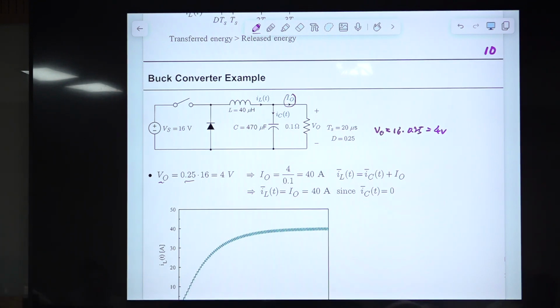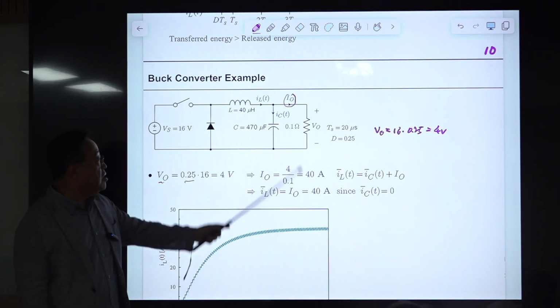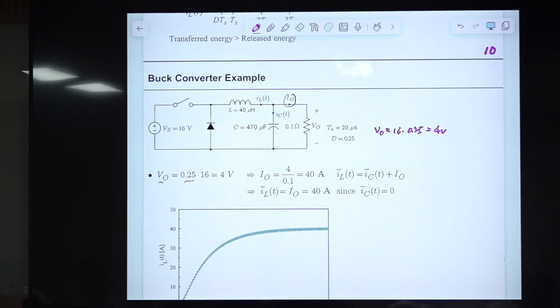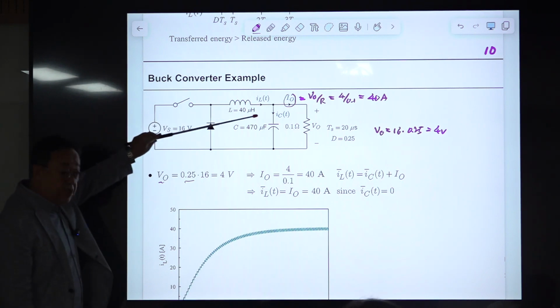Previously the resistor was 1, but for some reason I decreased this a lot. Then IO, the current flowing into the load, is VO divided by R, which is 4 divided by 0.1, so 40 amps. That value is the same as the average value of this inductor current.